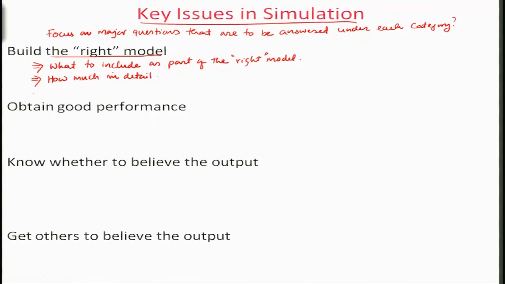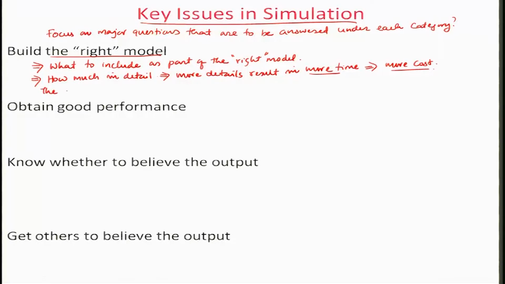Because as I said, more details result in more time, which implies more cost. So, if you keep on including more details, yes, it will take you more time, and the time will translate to a bigger cost.